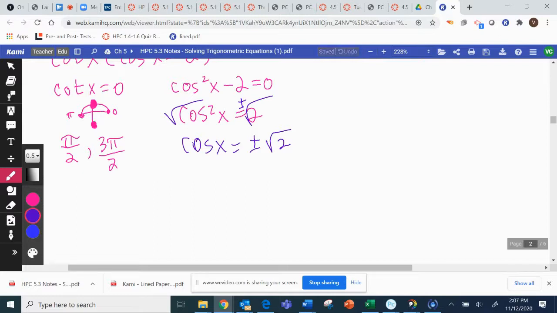Nowhere. Why? Because cosine can't be greater than 1. Cosine x has to be less than or equal to 1. 1's the highest number it can possibly be. So this would just be like information that doesn't give me an answer. So we just have 2 answers.